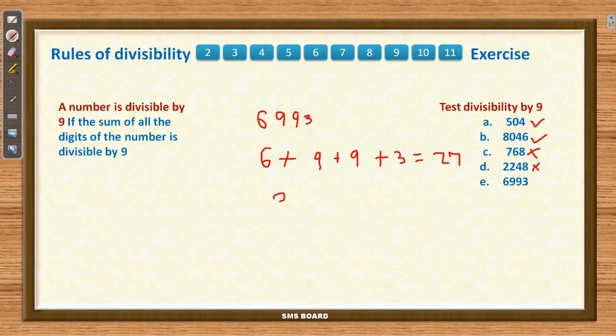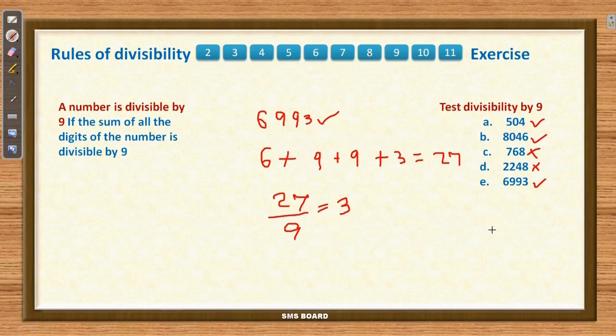So 27 is divisible by 9. The result is 3. So this number is divisible by 9. So we have understood how to test divisibility of numbers by 9.